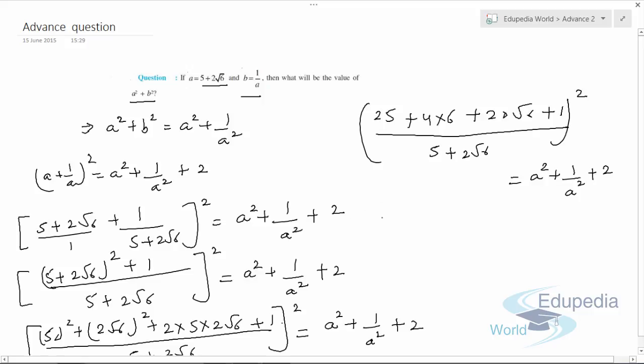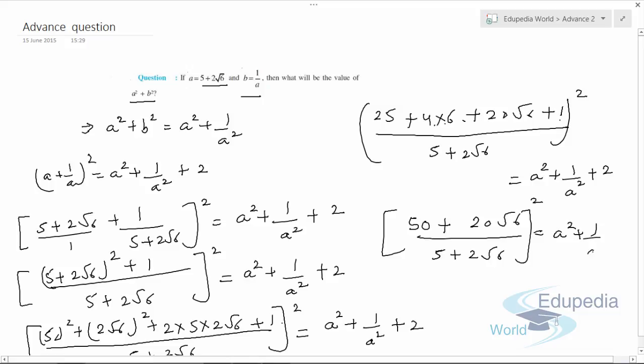Now this can be written further as 25 plus 6 fours are 24, 24 plus 1 is 50. So the answer will come out to be 50 plus 20 under root 6 upon (5 plus 2 under root 6) whole square equals a square plus 1 by a square plus 2.